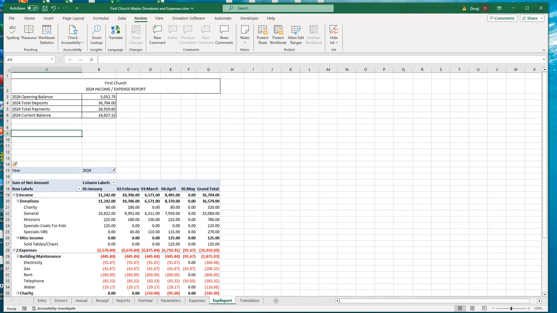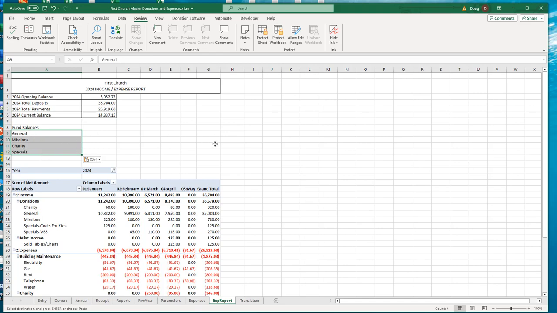All right, so ultimately this is where we want to display our fund balances. And we'll go ahead and just enter fund balances, and under there we want to display each of our balances in whatever order we want. Okay, so we will display it starting with general, followed by missions, charity, and then the specials.